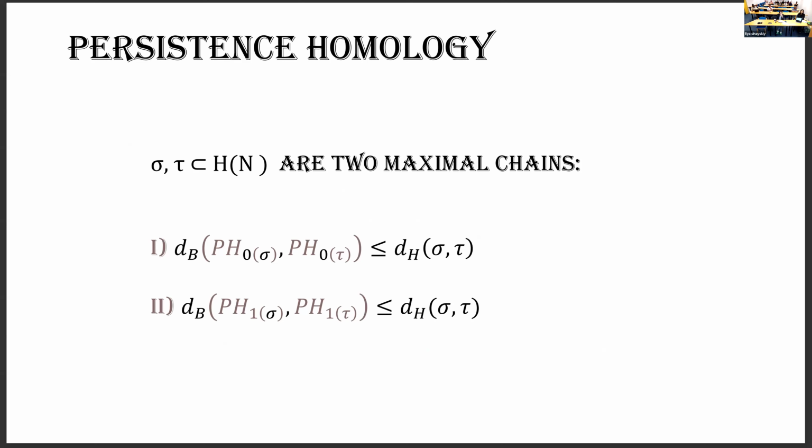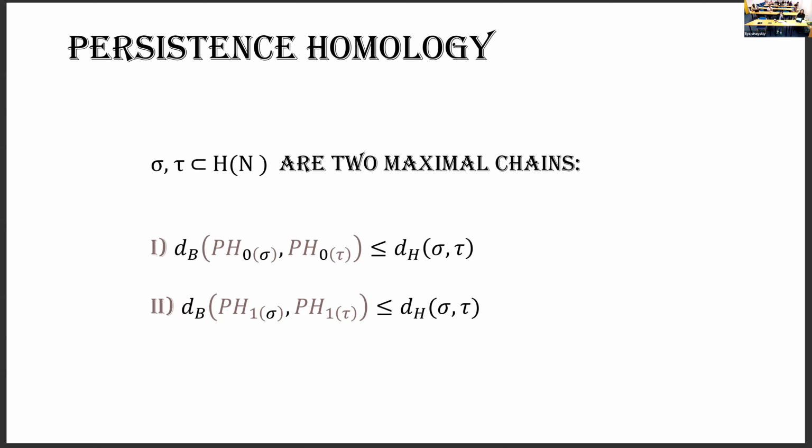I just want to briefly say that the bottleneck distance between two persistence diagrams of dimension n is essentially the minimum way in which we can compare intervals between the distinct diagrams. I don't actually give the formal definition.